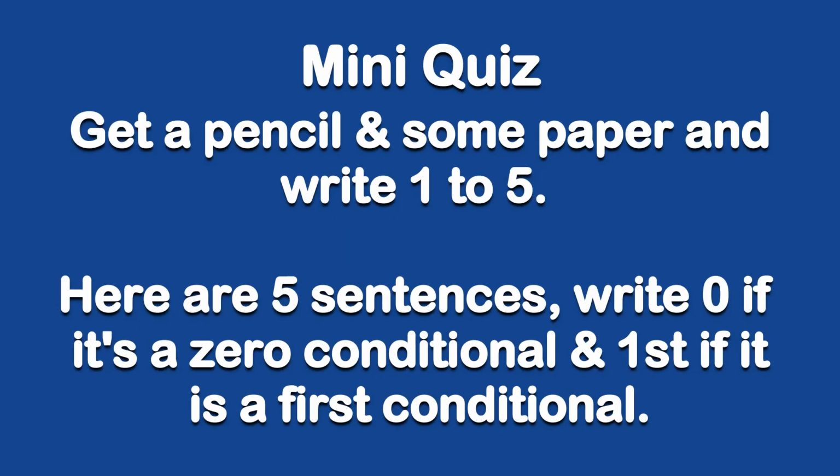Okay everyone, it's time for a mini quiz. You might need a pencil and some paper. Once you have those, write down the numbers 1 to 5. And here come 5 sentences.